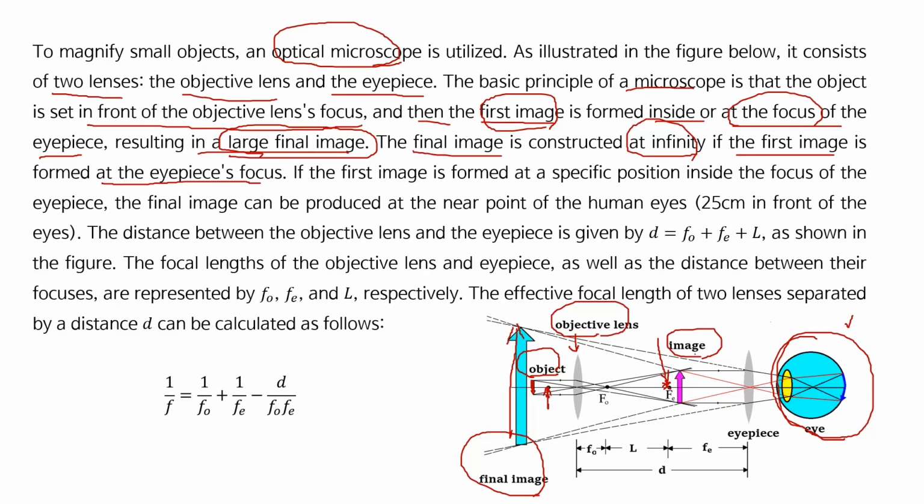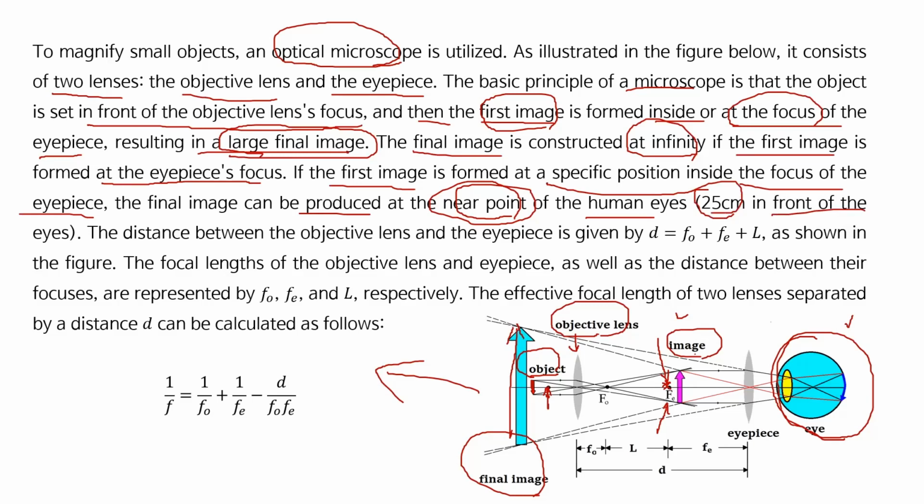If the first image is formed at the focus of the eyepiece, then the final image will be formed at infinity. If the first image is formed at a specific position inside the focus of the eyepiece, shown in this figure, the final image can be produced at the near point of the human eyes, about 25 centimeters in front of the eyes. So this figure shows this final image.